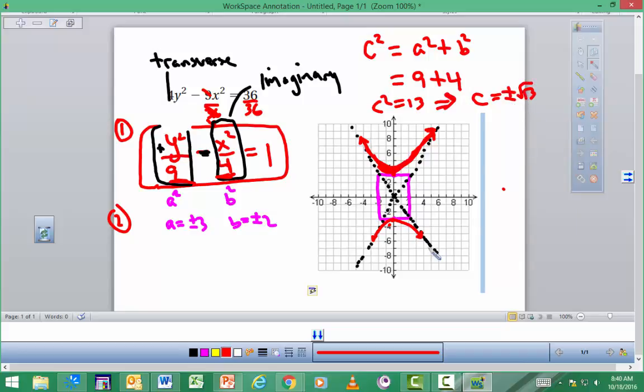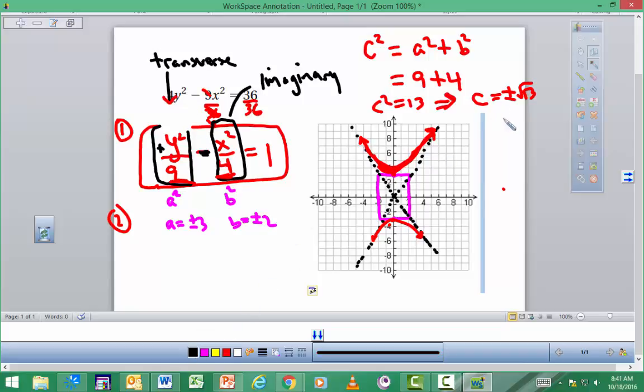Now, probably, for all practical purposes, you just find the decimal. The square root of 13 is about 3.6. I'll just take your word for it. And the focus points always have to be inside the branch somewhere. They're on the transverse axis, which in this case is the y-axis.